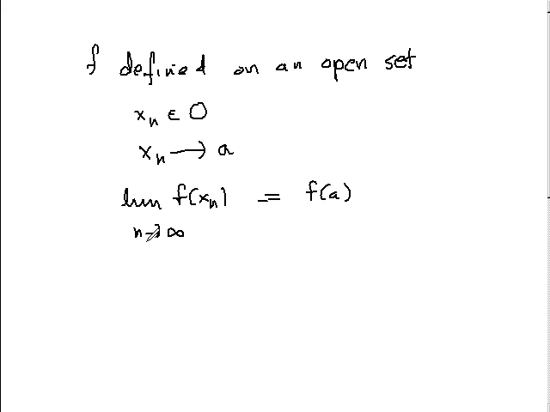Now bear in mind that A might not be in this open set. So the question is, if you have f defined on an open set, how do you extend it to all the limit points?